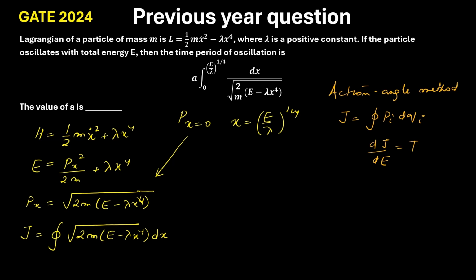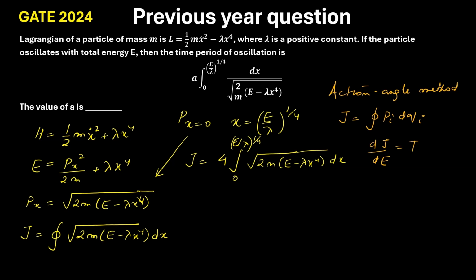Let me just write it down properly. So I can take this as 4 times the integral from 0 to (E by lambda) to the power 1 by 4 of root over 2m (E minus lambda x to the power 4) dx. So this is the integral.